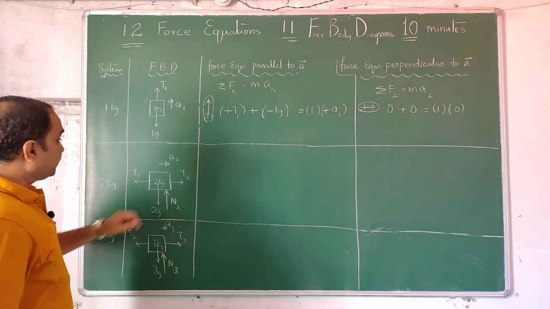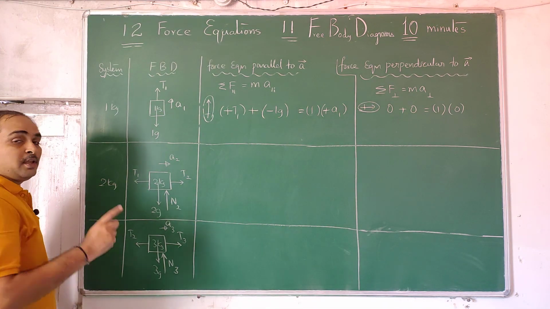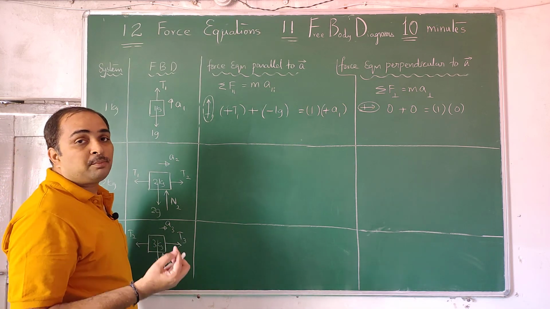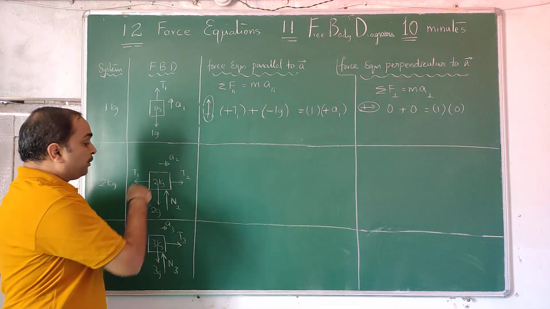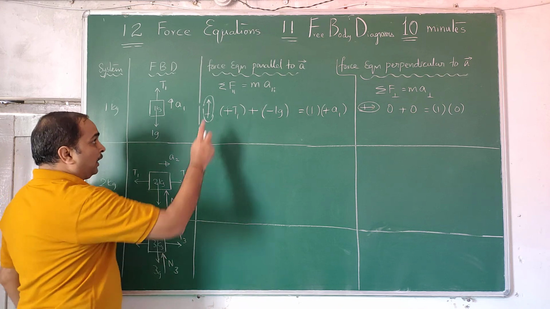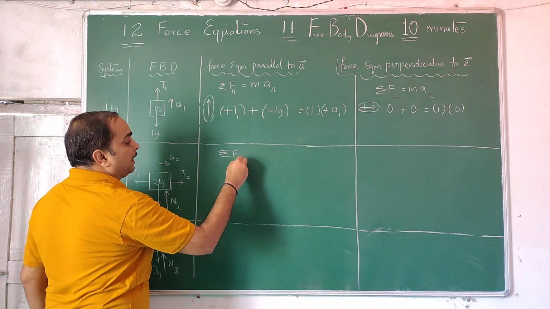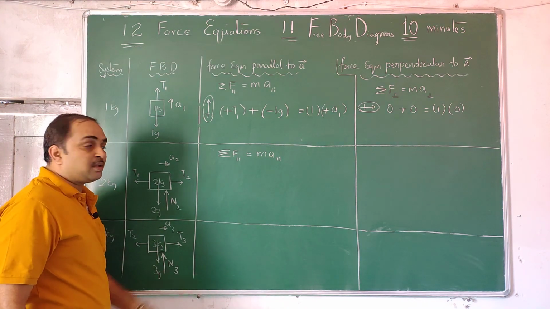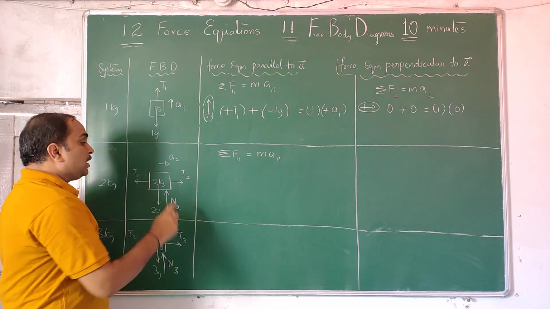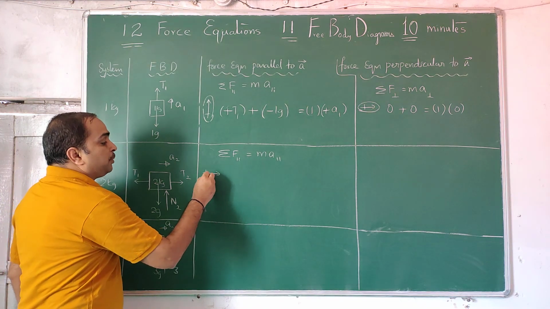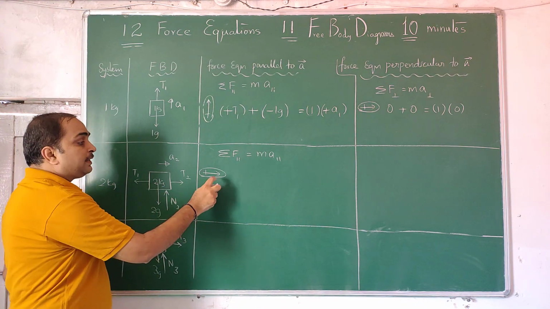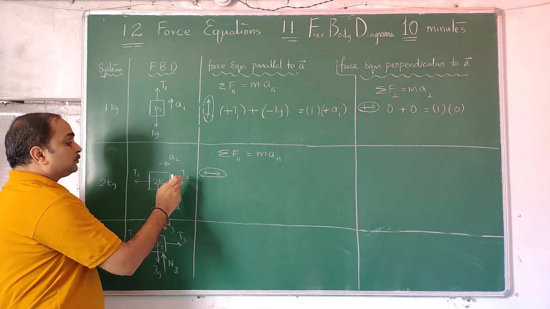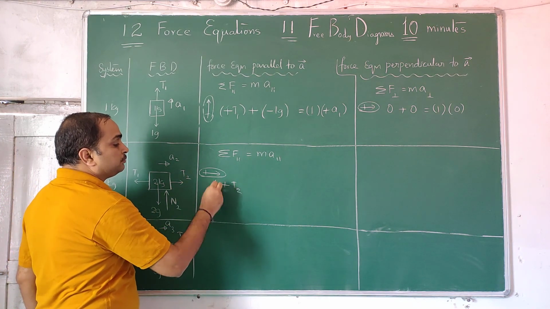So now coming to this 2 kg mass. If you want, you can slide back towards the video and see that this was the free body diagram we have drawn. Now again, sigma F parallel is equal to m a parallel. This is my equation I am going to write. This is the basic principle, the force equation. I am taking the acceleration direction to be positive. Any vector in that direction I take positive, plus T2.